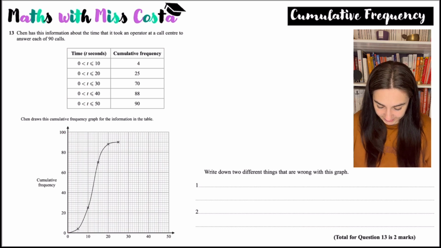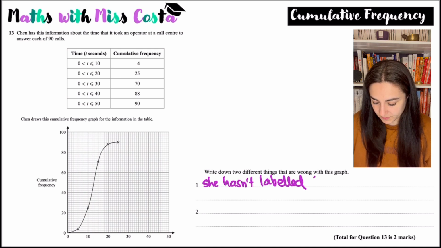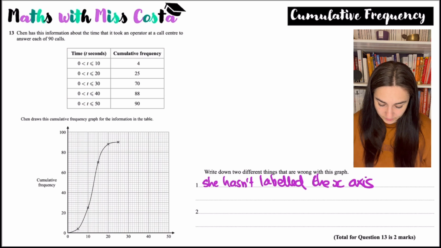So the first thing that I would say is that she hasn't labelled the x-axis. You could also call it the horizontal axis, but she hasn't told us what that represents.